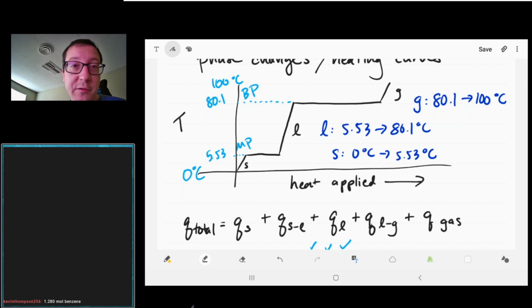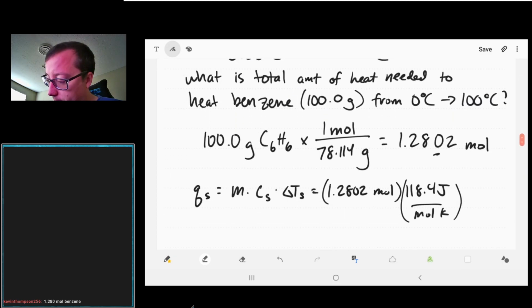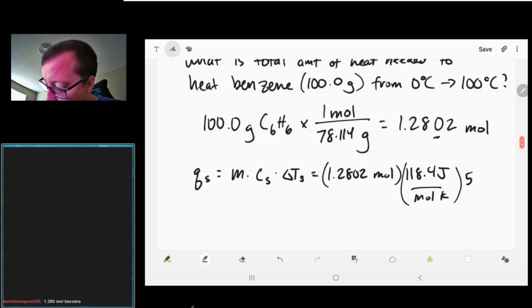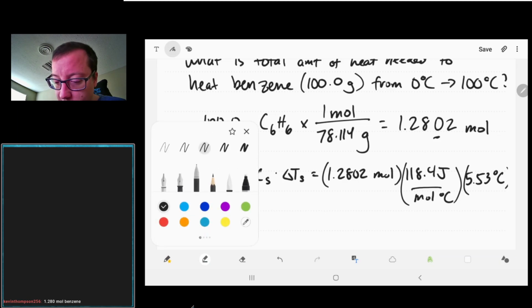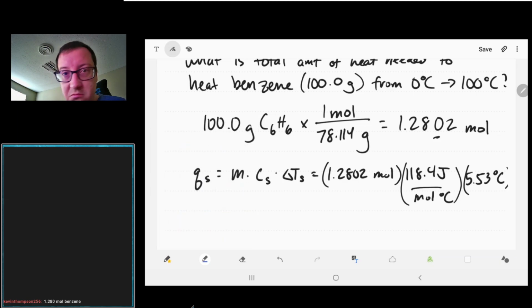It's 5.53 minus 0, so we'll leave it as 5.53. I'm just going to make our specific heat in degrees Celsius to make it easier. Either one works, but remember, only change before you subtract, otherwise you're just adding extra work to yourself. So just change your unit, make it easy.